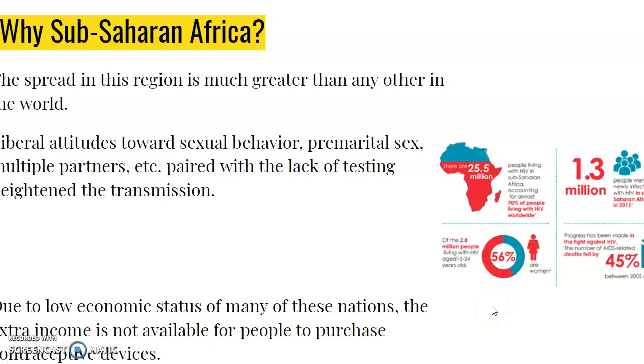This specific region has pretty liberal attitudes towards sexual behavior, and they also have a lack of contraceptives. So the spread is pretty great in this region, and extra income is not available for people to get tested or to have contraceptive devices.